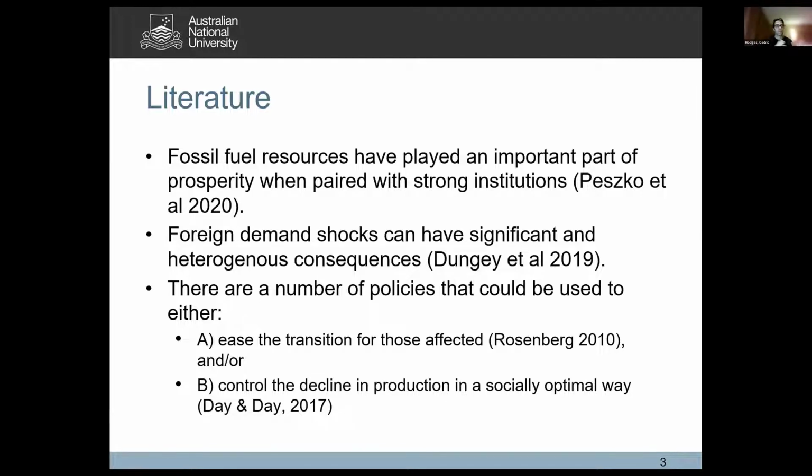So if you were to take that forward to this context, depending on the context in which we experience this series of foreign demand shocks, it could play out quite differently.